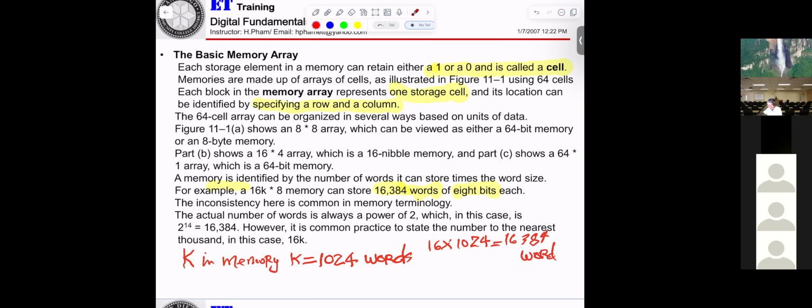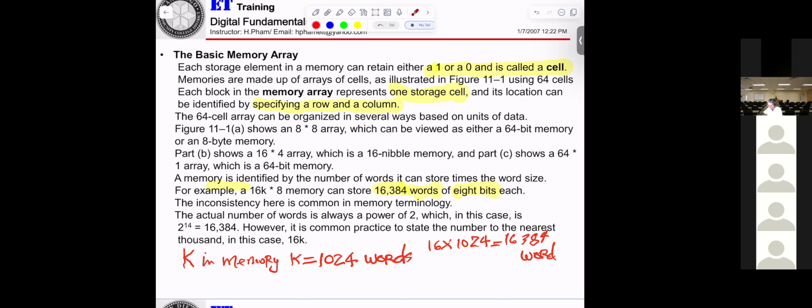If you look at this figure, part A is an 8 by 8 array, which can be viewed as either a 64-bit memory or an 8-byte memory. Part B is a 16 by 4 array, which is a 16-nibble memory.